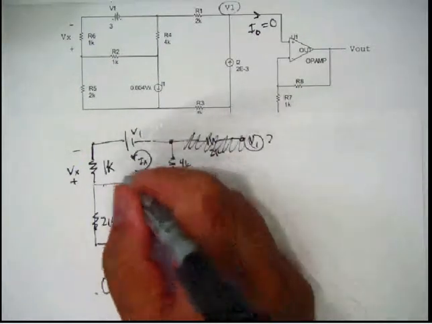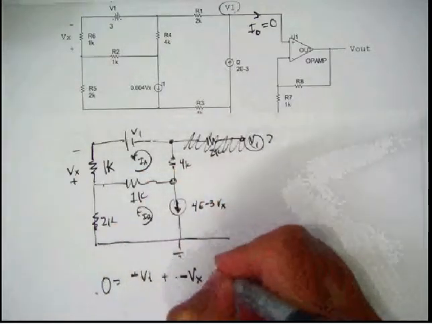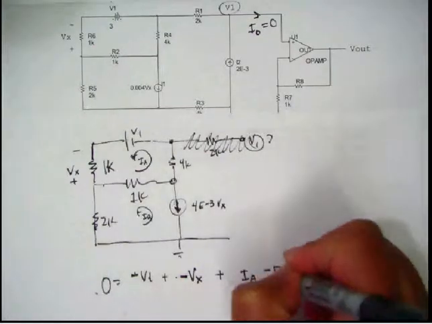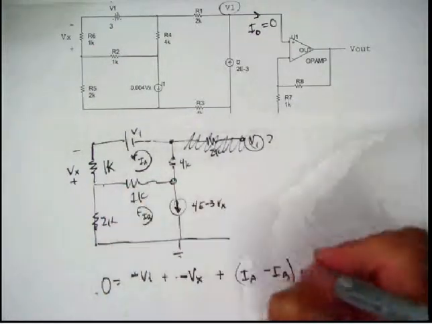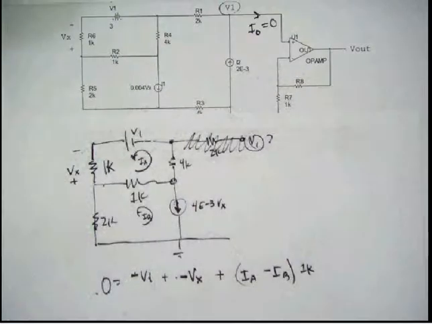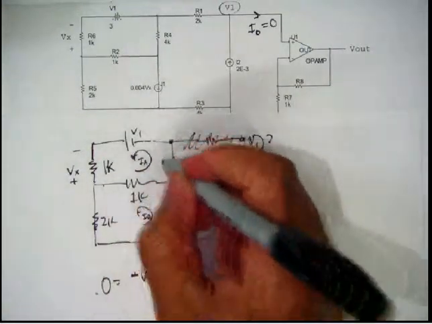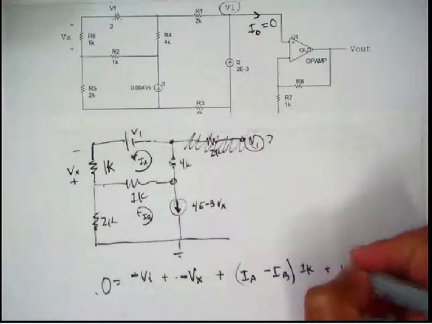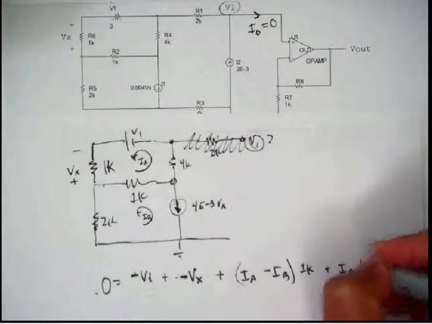Then here the voltage drop in this direction, we've got to take the current IA, but there's a current opposing it, so it's minus IB times the resistor through it, 1K. And then through here we've got a voltage drop equivalent to IA times 4K.